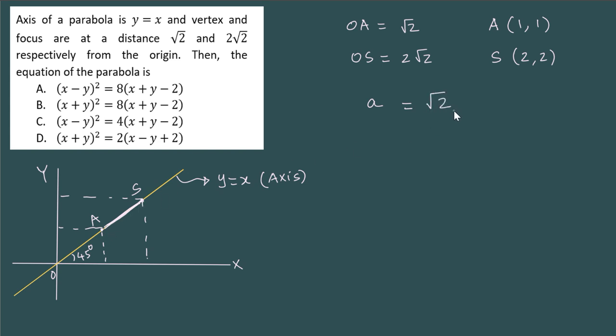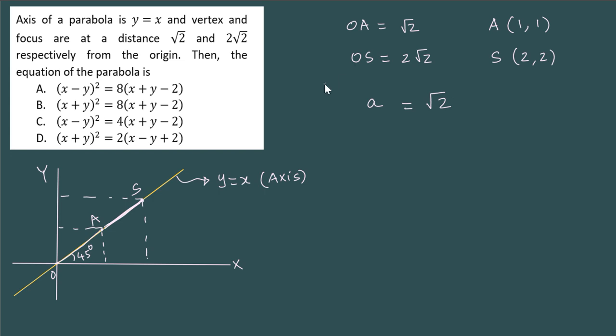The focus is at a distance root 2, so the directrix should also be at a distance root 2. That means the directrix of the parabola must pass through the origin, because take a look at the focus. The focus is to the right of the vertex, so the parabola is opening along this y is equal to x line upwards.